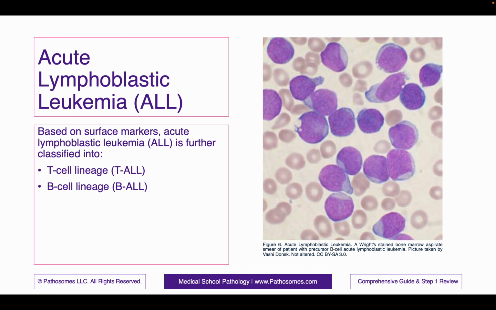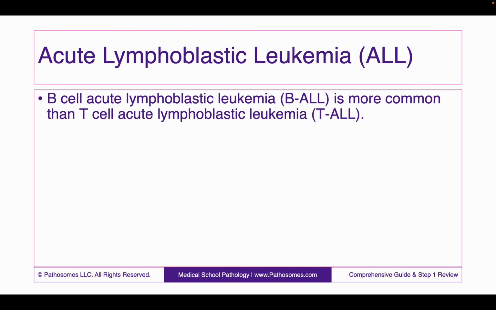Based on specific surface markers, acute lymphoblastic leukemia is further subclassified into the T cell lineage or the B cell lineage. B cell acute lymphoblastic leukemia is more common than T cell acute lymphoblastic leukemia.